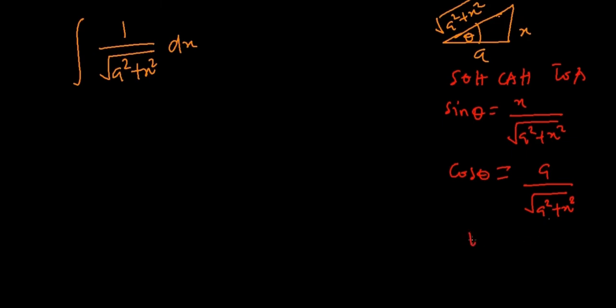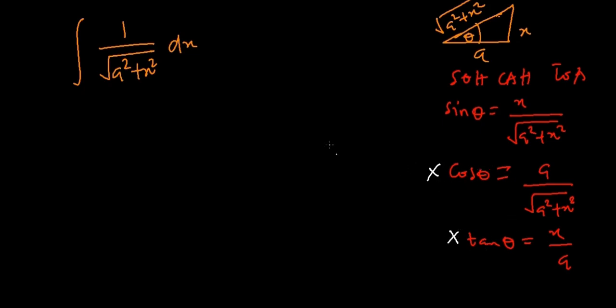And then the tangent of the angle will be equal to opposite over adjacent. Okay, so here what you are going to do now is let's focus on the cosine and then the tangent of the angle.